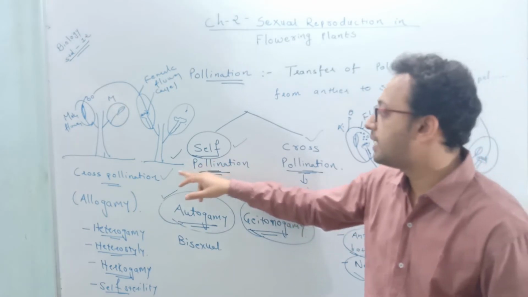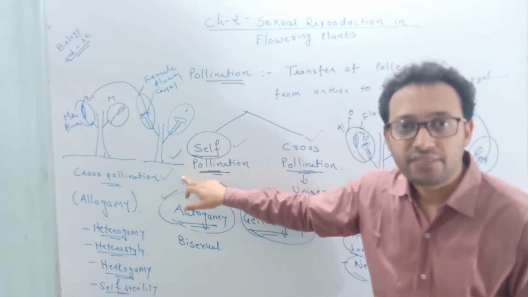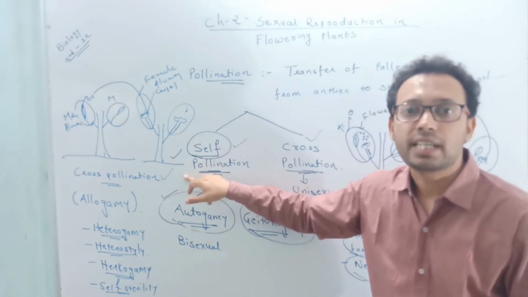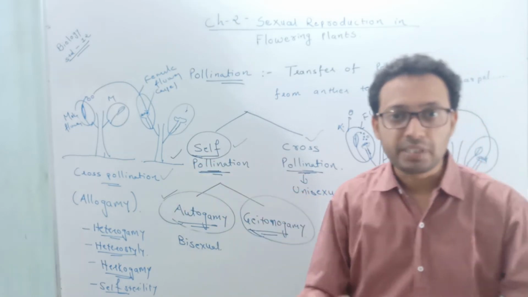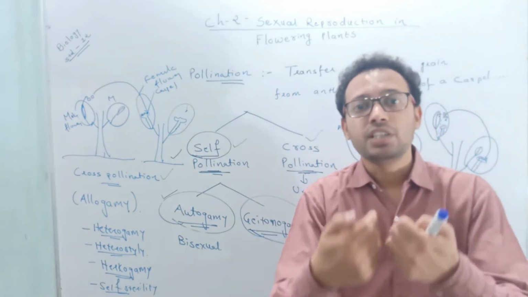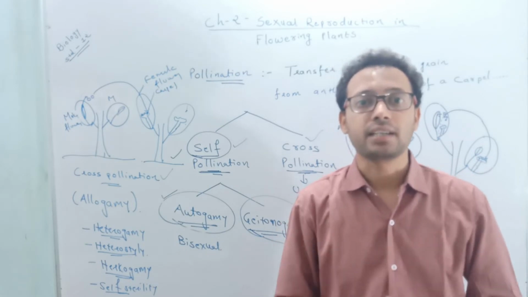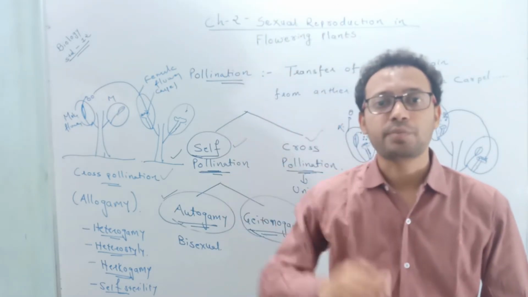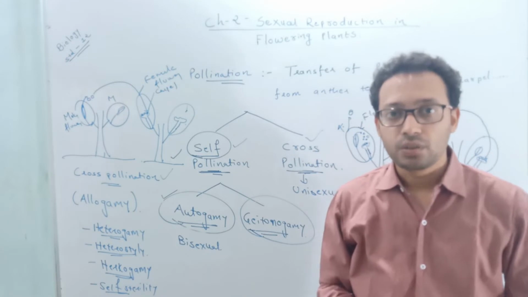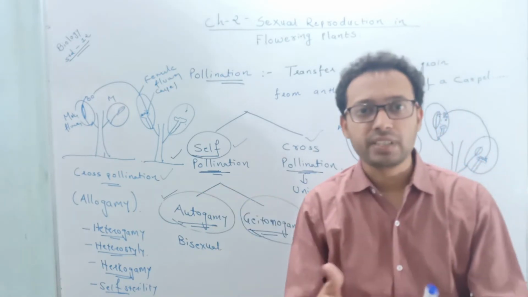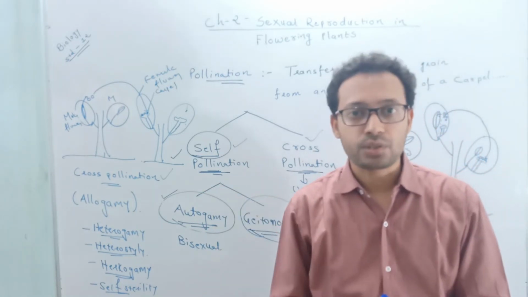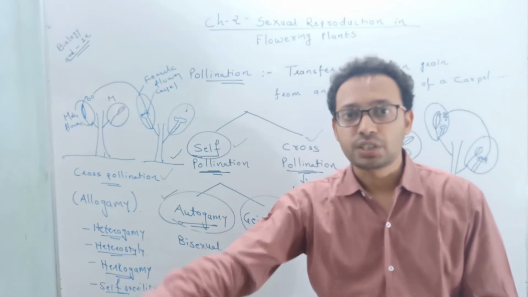So if there is self-pollination, then self-fertilization occurs, and that causes inbreeding depression. That means the chances of occurrence of genetic disorder are very high. We will learn in chapter 5 how it occurs. That's why we are not marrying our close relatives like brothers, sisters, or siblings.